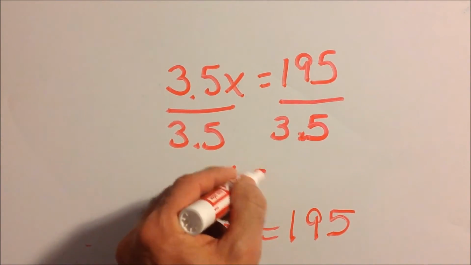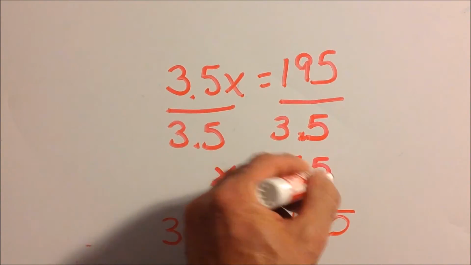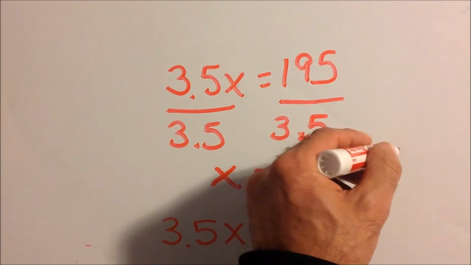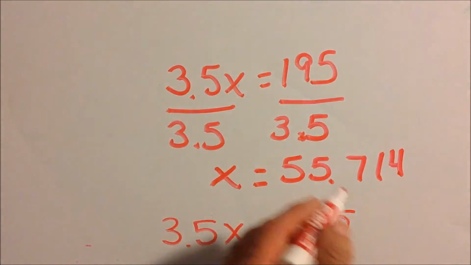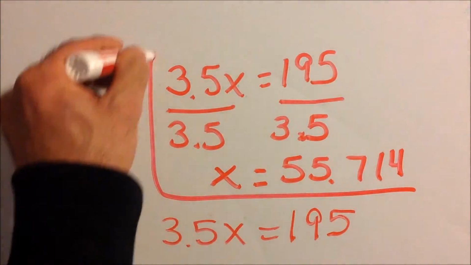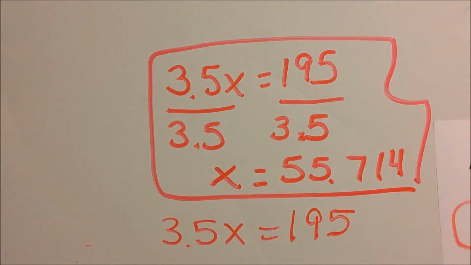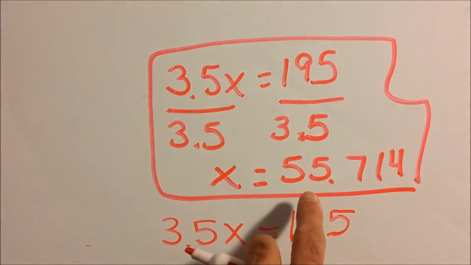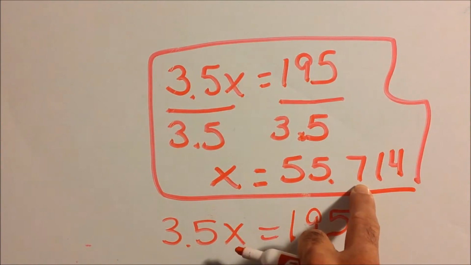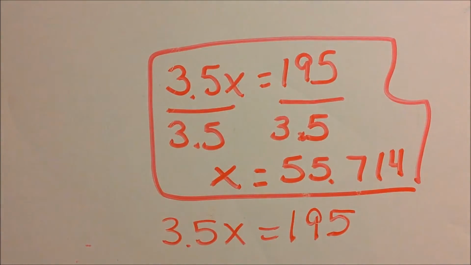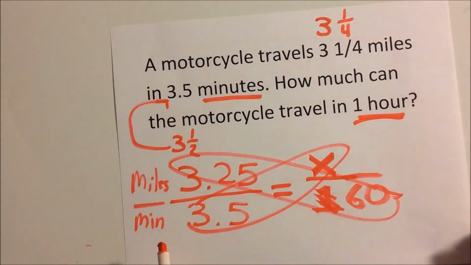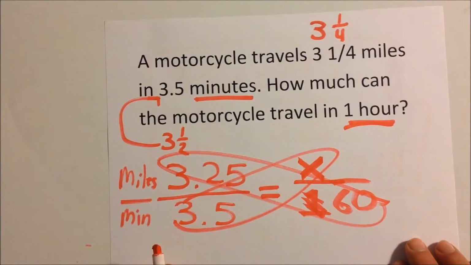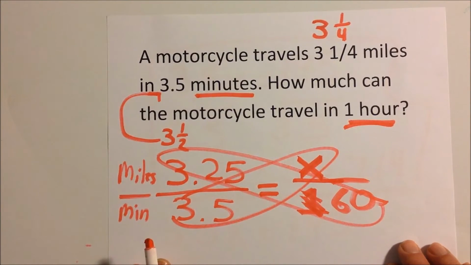And then we'll find that x equals 55.71, and it keeps going. There's a 4 there. So we can say roughly that the motorcycle in 1 hour will go about 55.7 miles, or roughly it'll go 56 miles. So that's how we did it with a proportion. You should rewind the video here and see how I did that again.